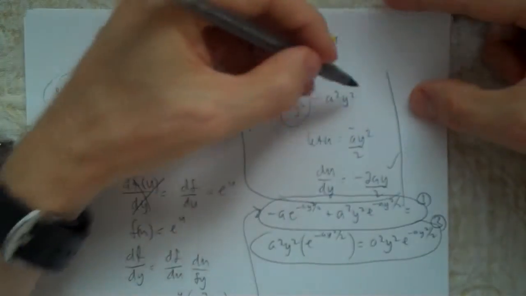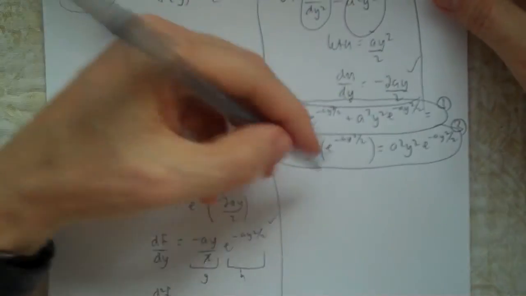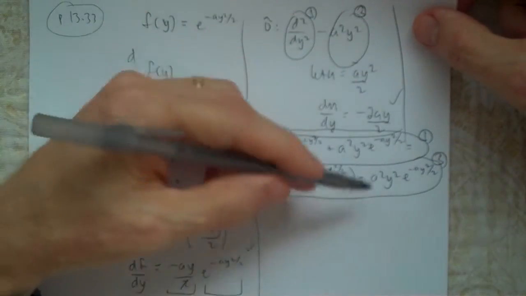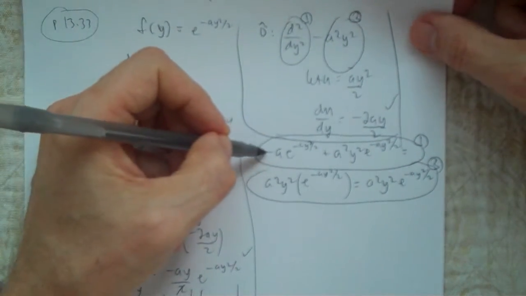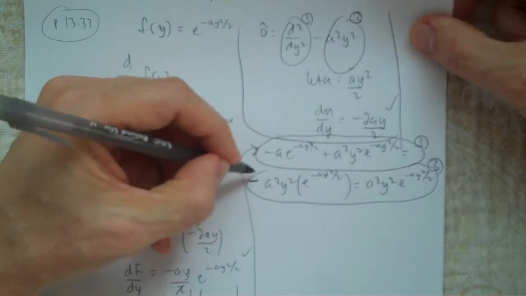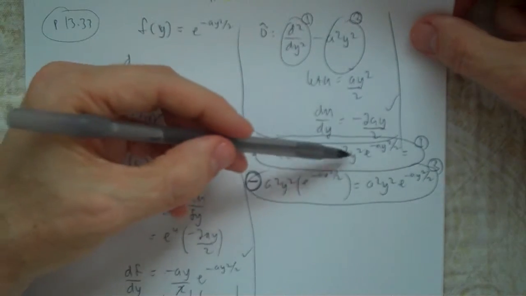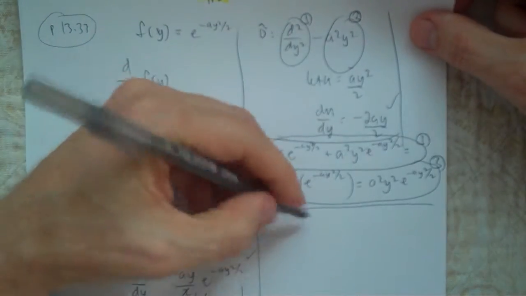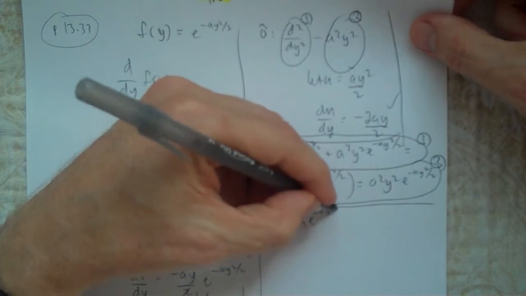So this operator is really part 1 minus part 2. So I've got part 1 here and part 2 there. It's all additive, right? It's minus here, plus that, and minus that, because it's minus part 2. So that appears to be the same term. If I subtract that from that, I'm just going to get minus a e to the minus ay squared over 2.